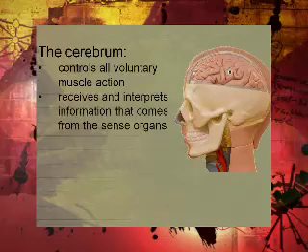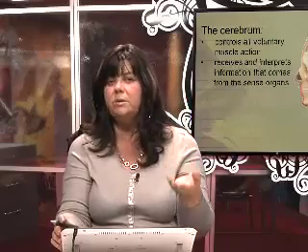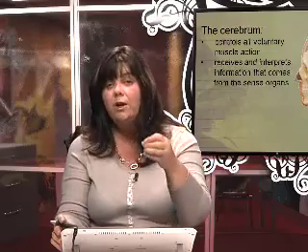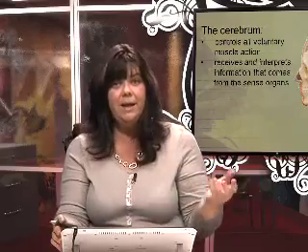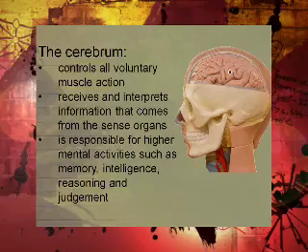It also receives and interprets information that come from your sense organs. So it processes information from your eyes, for example, from your ears, and it allows you then to voluntarily respond in an appropriate way. Your cerebrum is also responsible for higher mental activities such as memory and your intelligence, your reasoning and your judgment.